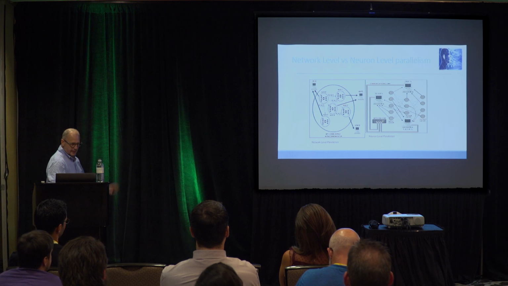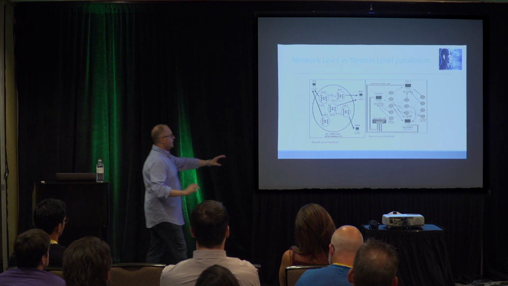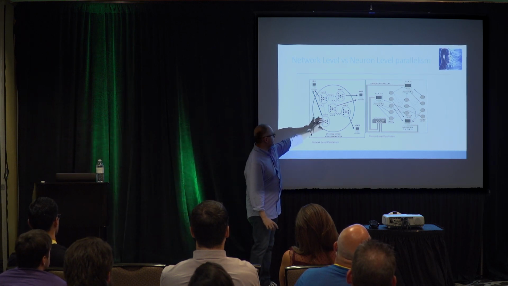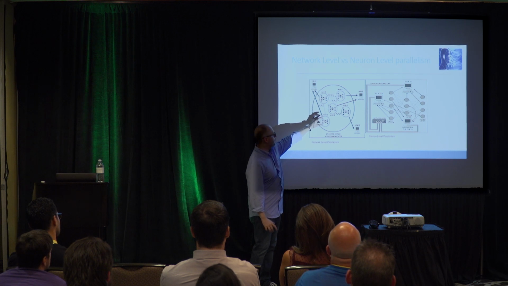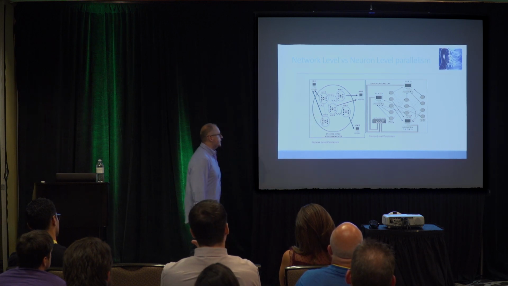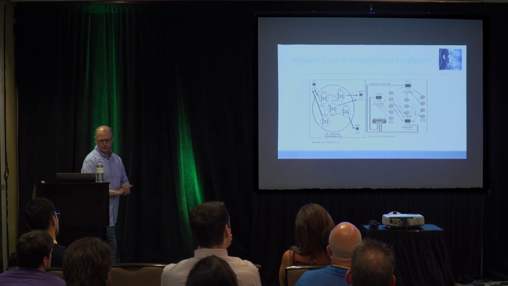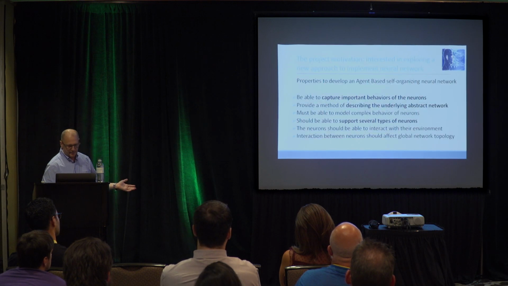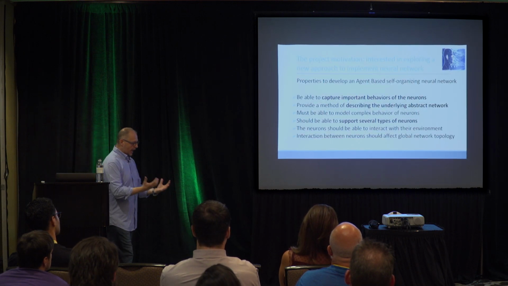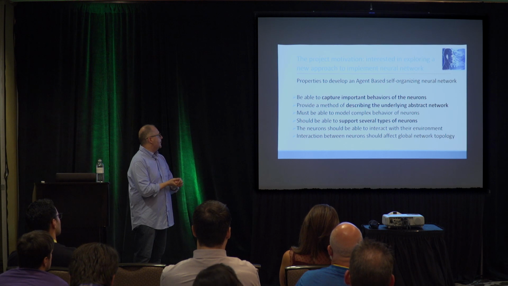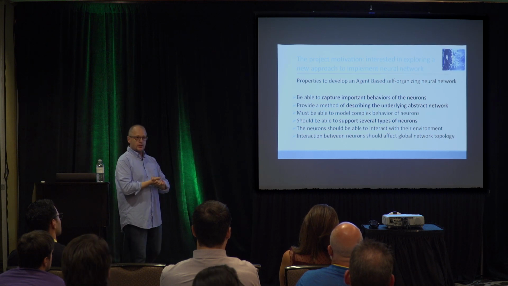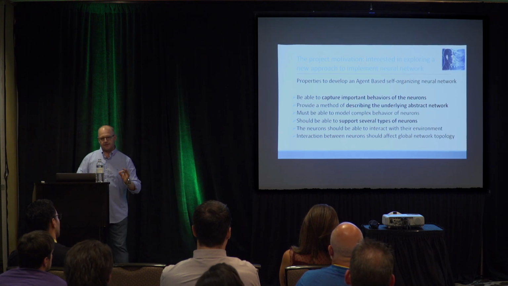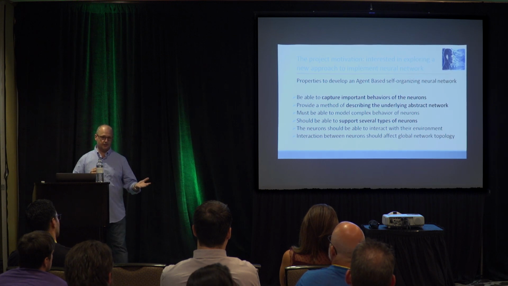So again, this is the same idea: you have a small neural network distributed among computers, and each is connected to the others through message passing, which is very cool. The benefit here is that the actor or the agent can capture the behavior of the neurons, because there is slightly different behavior between neurons that belong to a specific layer.